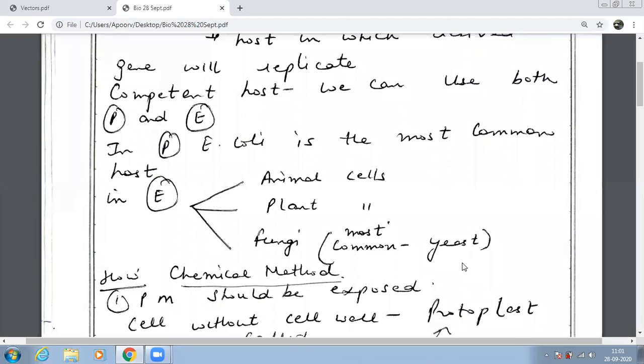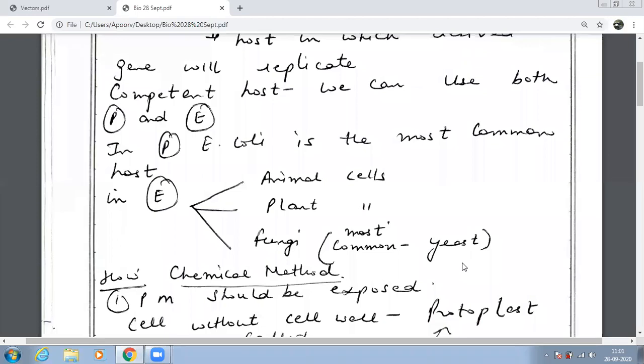Is it okay for everybody? Competent host, a host which can accept a foreign DNA and ensure कि वो DNA replicate होता रहे. So if it is asked, what do you mean by competency of a host? It means the power, ability of a host to receive a foreign DNA and ensure its replication.